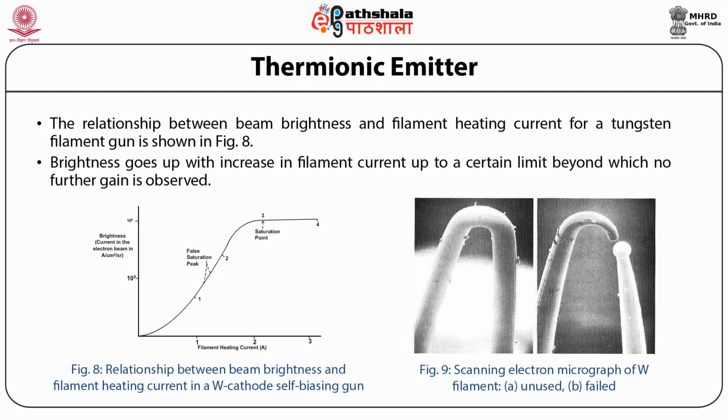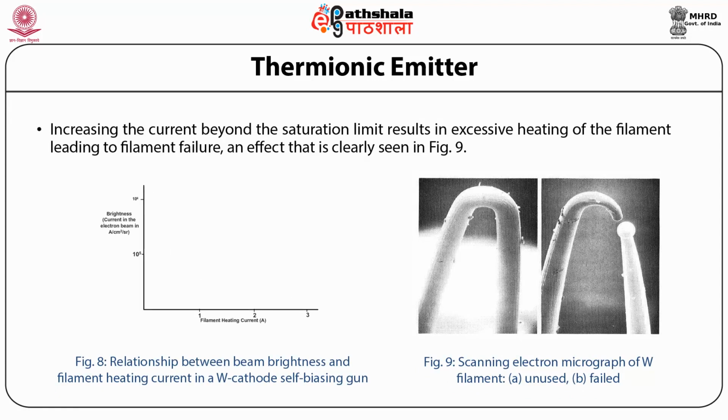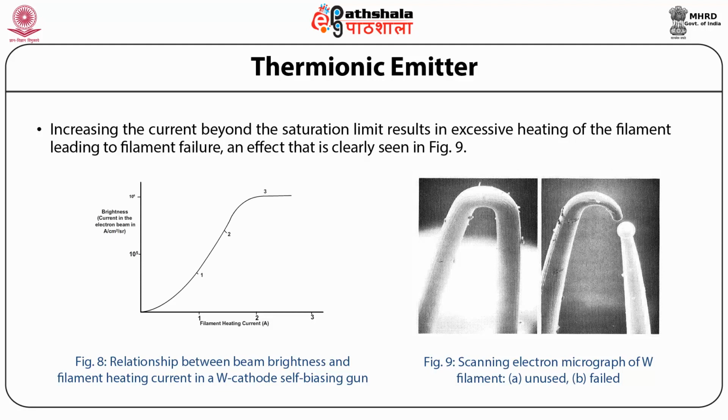Brightness goes up with increase in filament current up to a certain limit, beyond which no further gain is observed. Increasing the current beyond the saturation limit results in excessive heating of the filament, leading to filament failure, an effect that is clearly seen in figure 9.